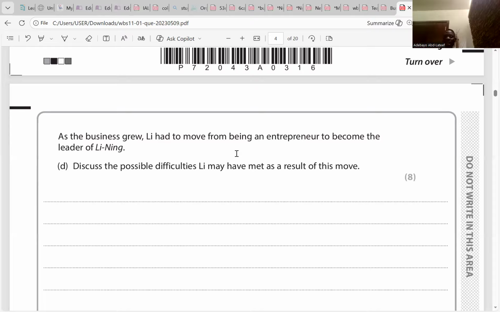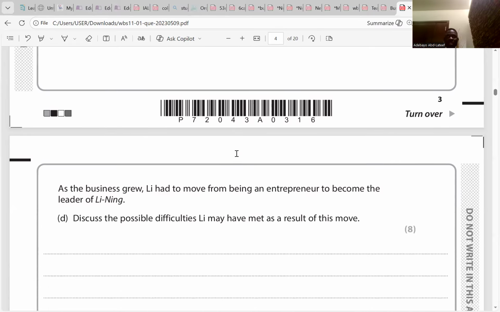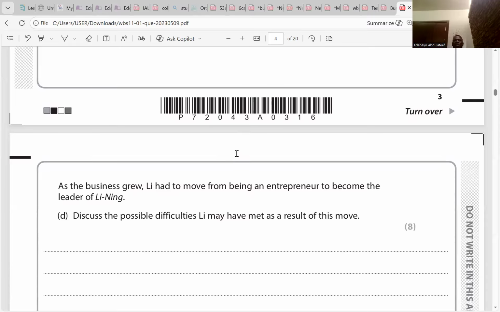Yes. However, based on the case study, Lee is now a successful entrepreneur. Based on the case study, it succeeded. So if Lee is a successful entrepreneur, it simply means he's able to overcome the difficulties of transiting from entrepreneur to a leader. Because if he's not successful in transiting from being an entrepreneur to a leader, the business will not be successful. Do you get the point here?